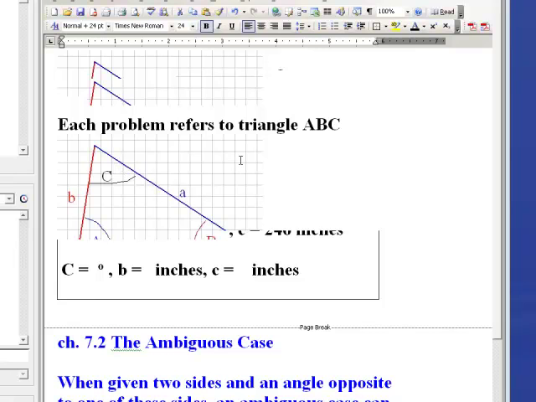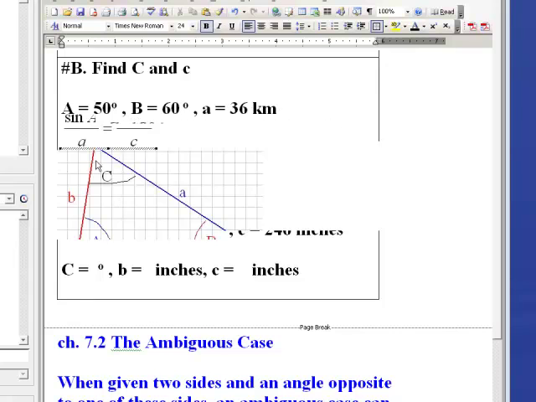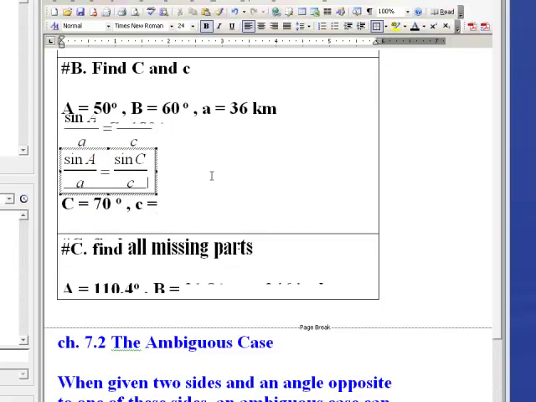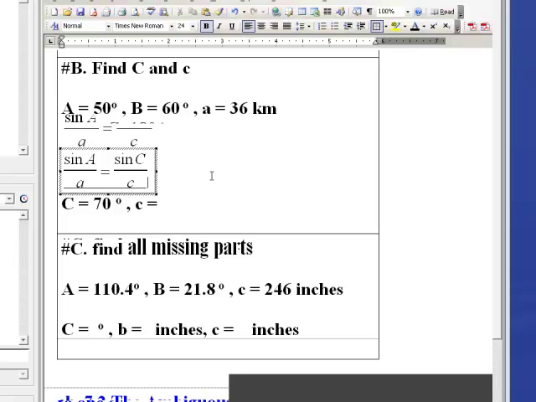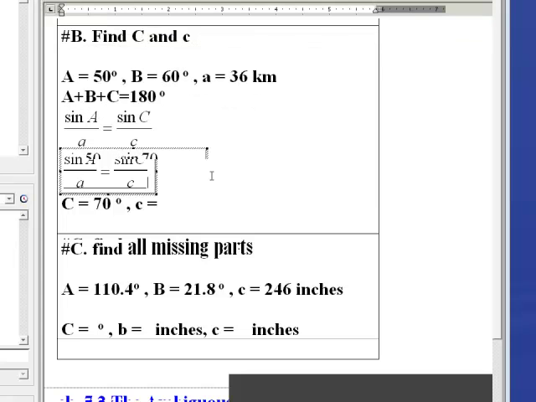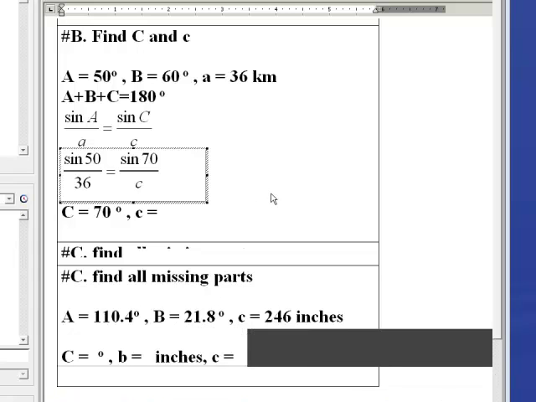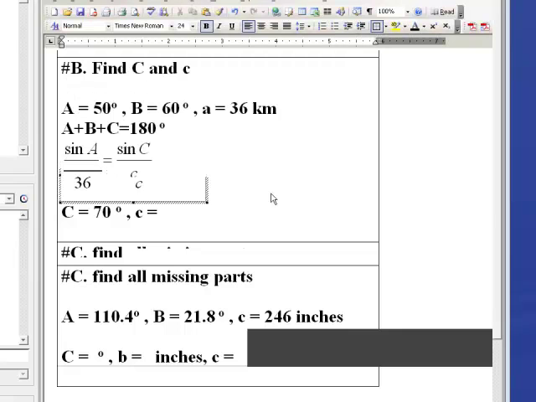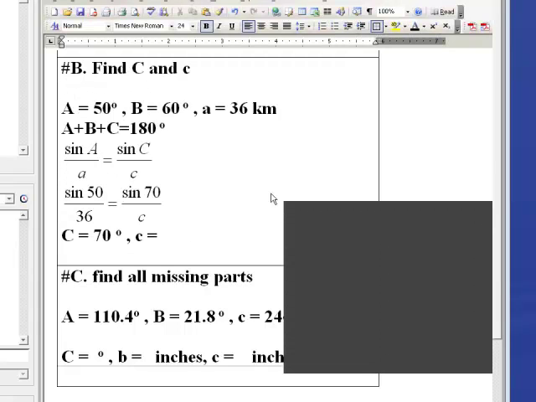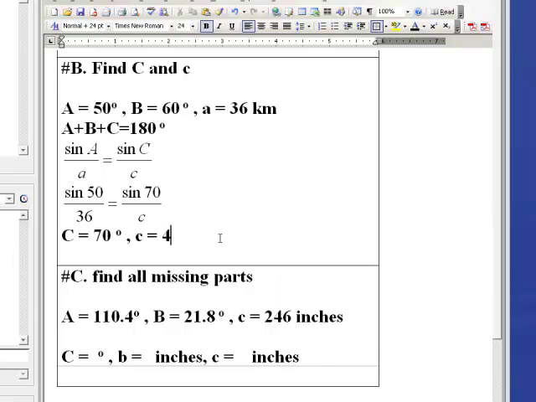I'm just going to plug in the numbers. So here we have 50 degrees, 36 kilometers, 70 degrees. And that's what I'm going to do on the graphing calculator. So I do the sine of 70 degrees, divide by the sine of 50 degrees, multiply by 36, and there we go, the side c is 44 kilometers.